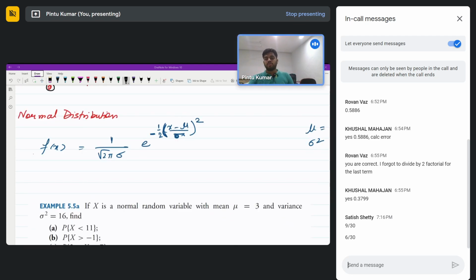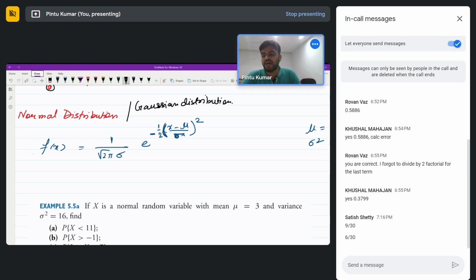So now we move on to a distribution known as the normal distribution, or people also call it the Gaussian distribution. This distribution is very popular because of two reasons. The reason is the same, but I'll talk about two applications.